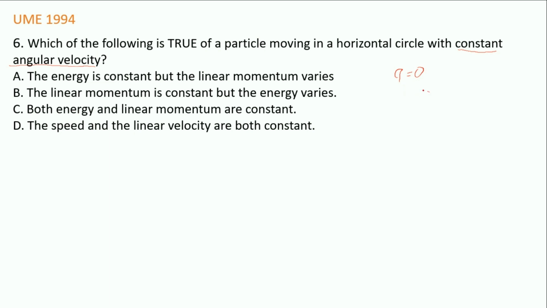The reason is that the body changes direction. At this point the velocity is in this direction, and at that point the velocity is in that direction. So because the velocity is changing, even though the magnitude of the velocity, in other words the speed, isn't changing, and acceleration depends on velocity, the body is accelerating.